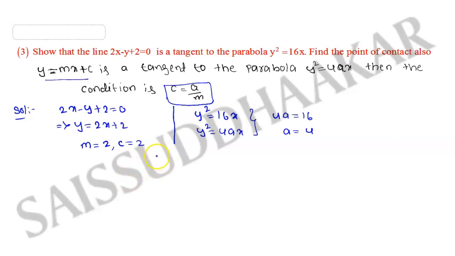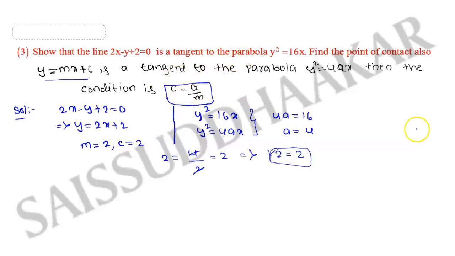Here the c value is 2, is equal to a by m. a is 4, m value is 2. If we cancel this, 2 ones are 2, twos are 2 only. So here 2 is equal to 2. In the sense, the given line is a tangent to the parabola, by observation of c is equal to a by m. In the sense, this line touches the parabola.